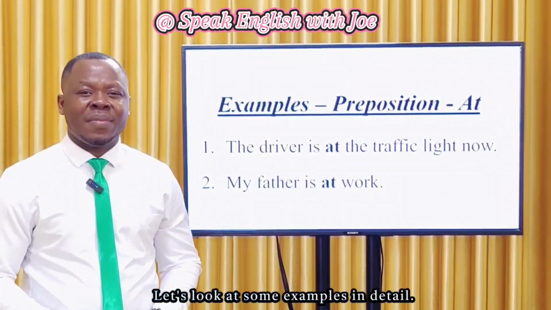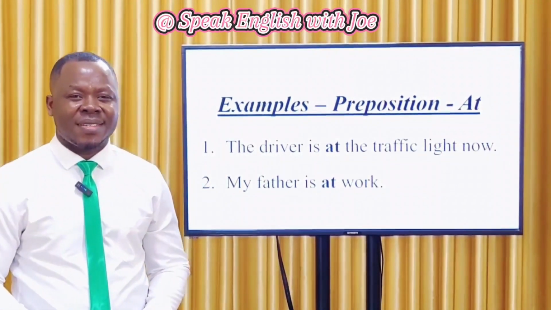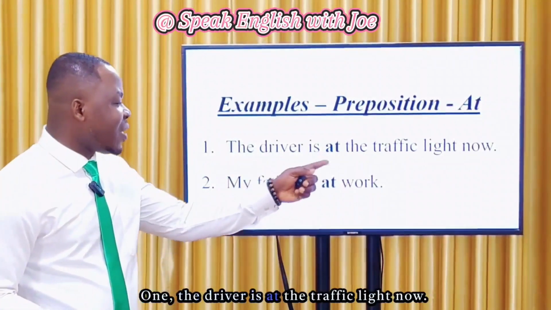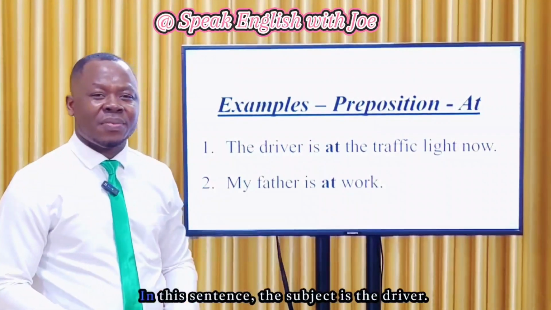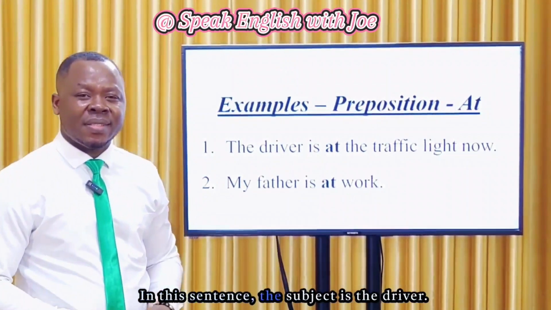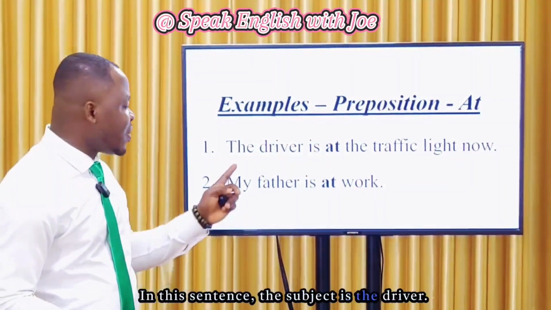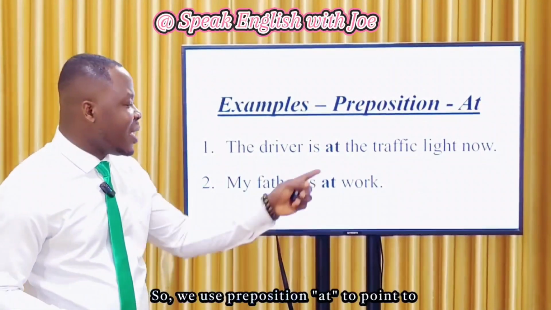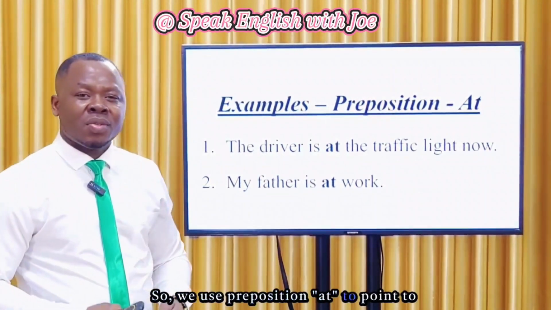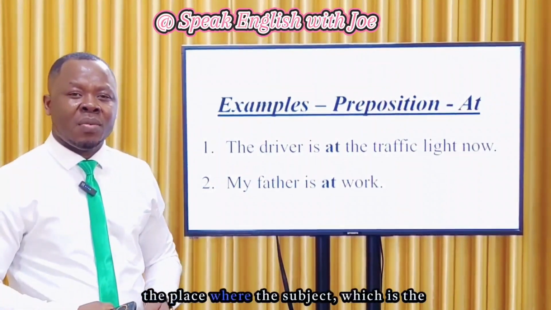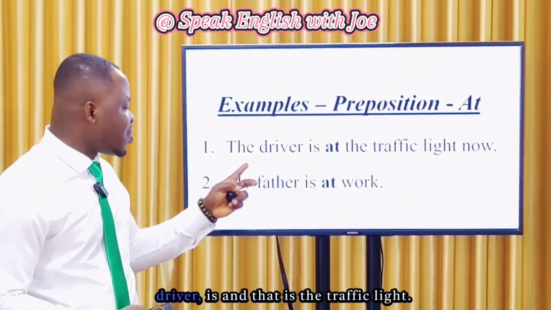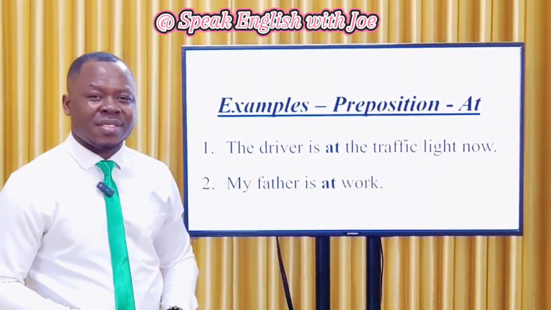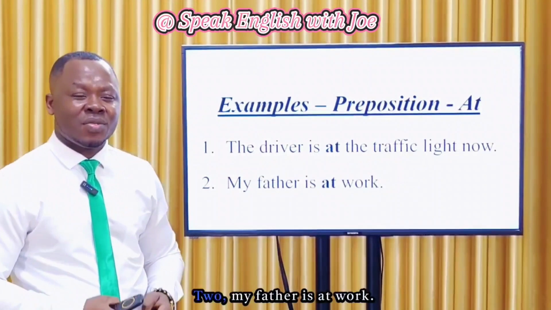Let's look at some examples in detail. 1. The driver is at the traffic light now. In this sentence, the subject is the driver. So we use preposition at to point to the place where the subject, which is the driver, is, and that is the traffic light. 2.